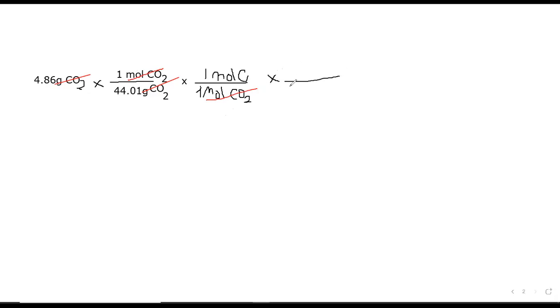So we know that 1 mole of carbon will give us 12. You have to use a periodic table here, 12.01 grams of carbon. So this here and this here will cancel.